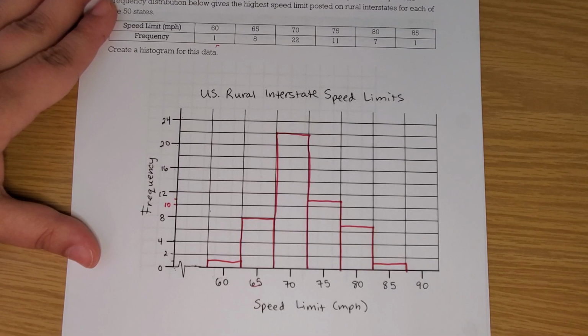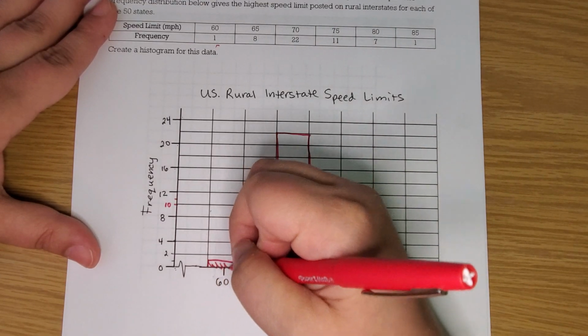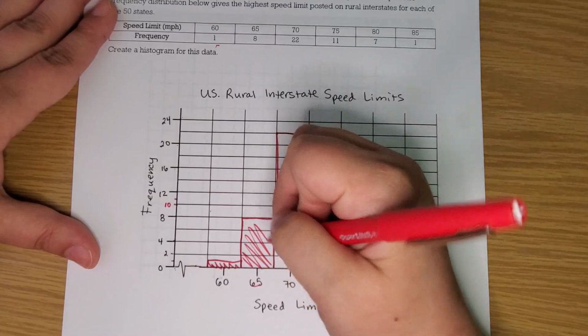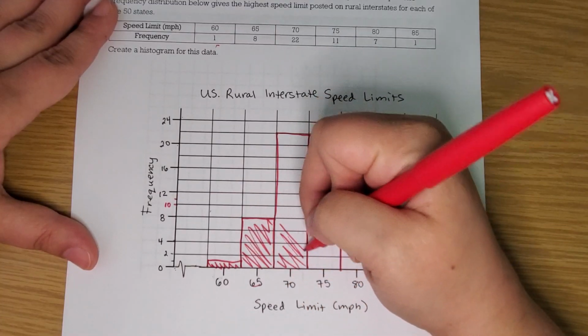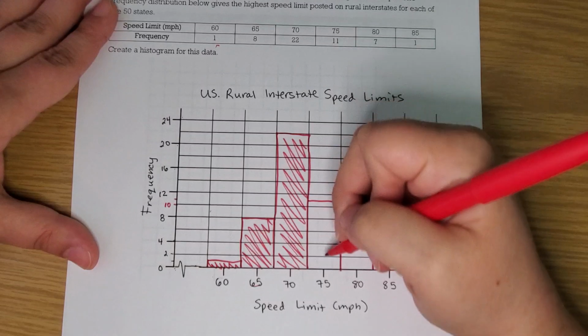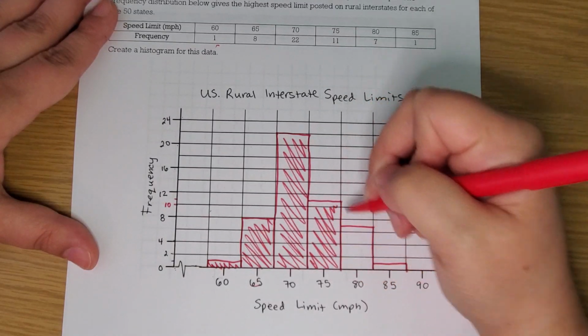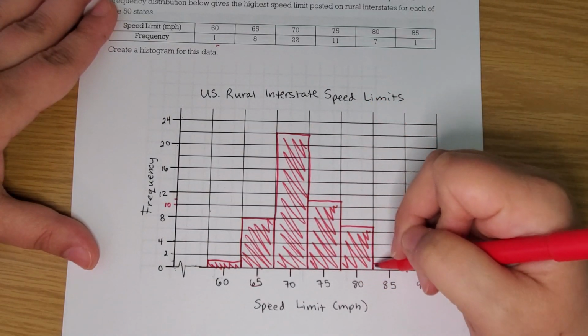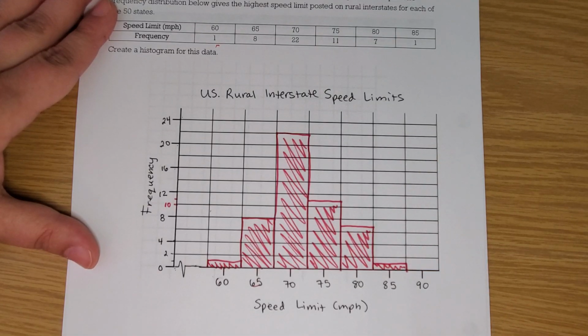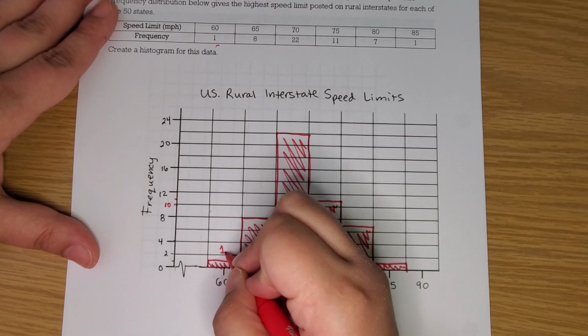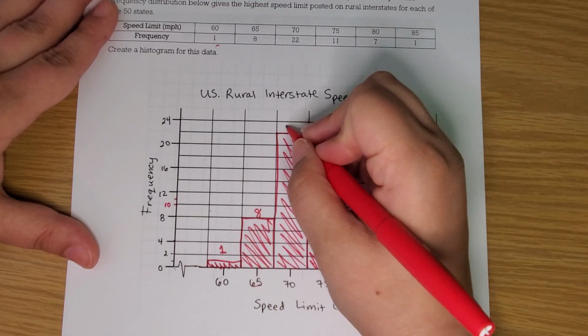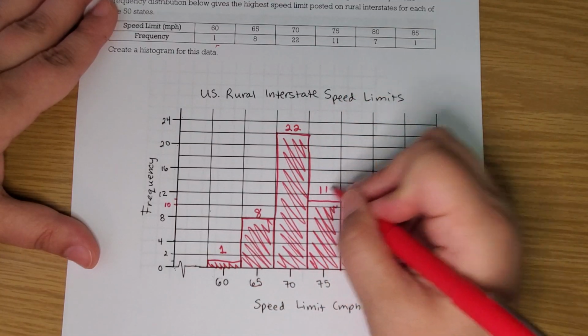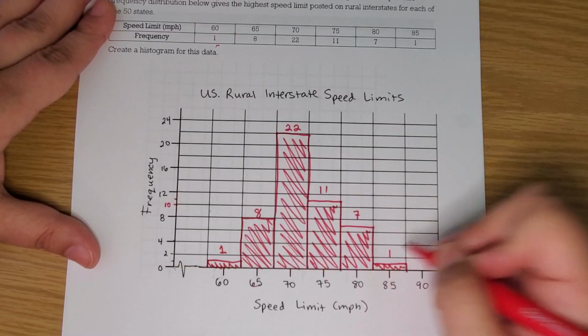Now, as with bar graphs, if I want to, I can shade in the bars to make it a little bit easier for me to see them. That would be okay. And I could also add the data counts above each bar. So I could call this one 1, 8, 22, 11, 7, and 1.